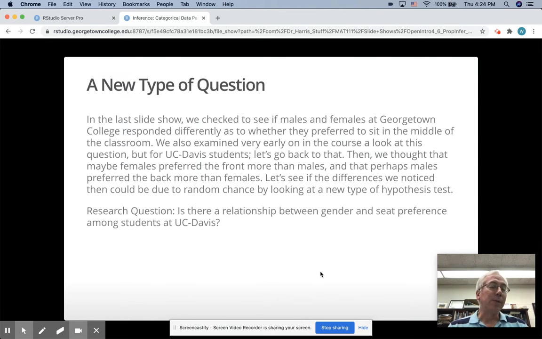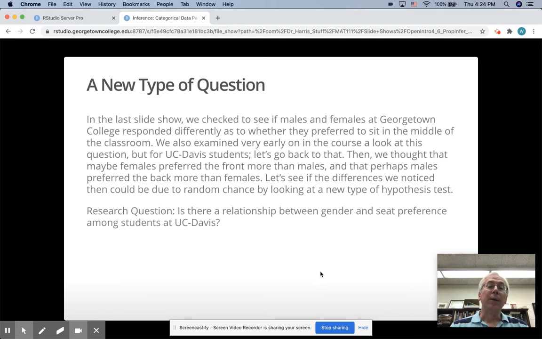And that brings to mind something that we looked at, I think, all the way back in chapter 1, where we looked at seating preferences for students at UC Davis. And so let's take a look at that. We're not going to look just at the middle of the classroom, but we're going to look more broadly. Does there seem to be some sort of association between gender and seat preference among students at UC Davis based on the survey data that we have collected?